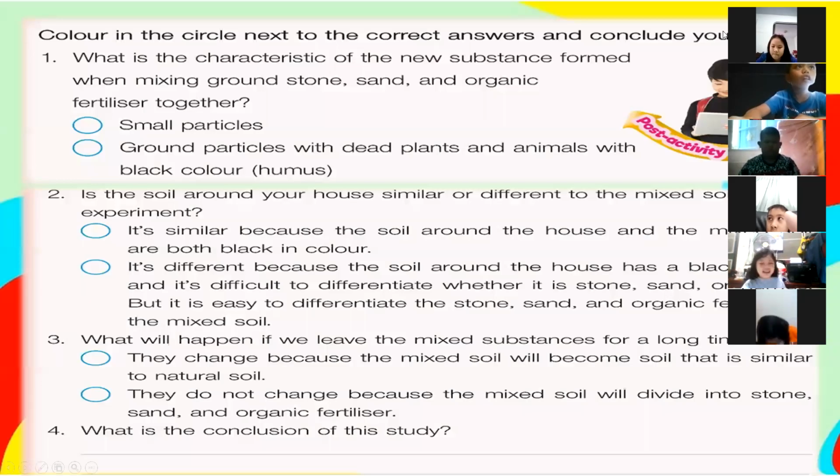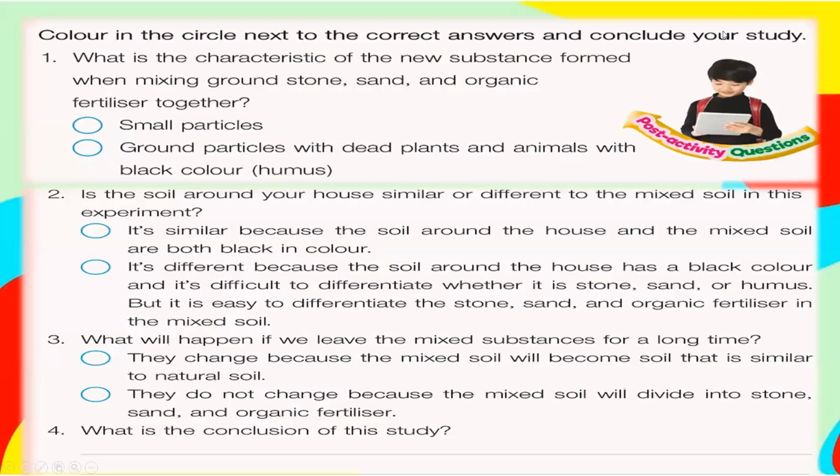here we have to circle the correct answers and conclude your study. Here we have different statements given to us, for what we conclude, what we observe from the experiment we did.